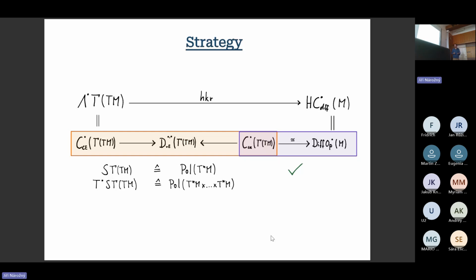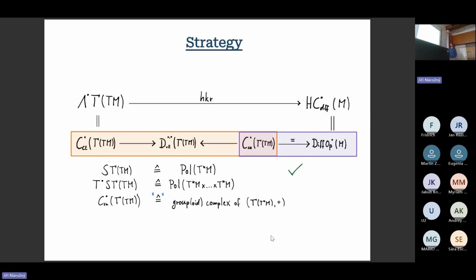If you look at this, it might look familiar, because then you can actually see that the differential corresponds to the usual group or groupoid complex differential on the group or groupoid, as you want to see it, which is just equipped with an abelian multiplication, plus.